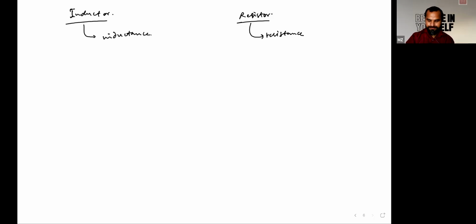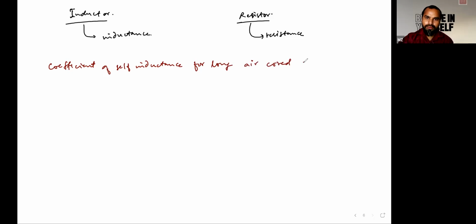So next we define inductance or the coefficient of self-inductance for a long air-cored solenoid. Air-cored means the medium is filled with air only.